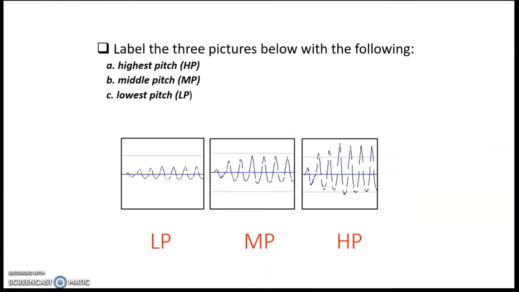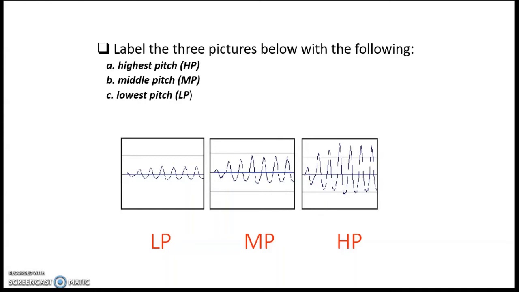Now, label the three pictures below with the following. For example, letter A, highest pitch, HP. Letter B, middle pitch, MP. And letter C, lowest pitch.